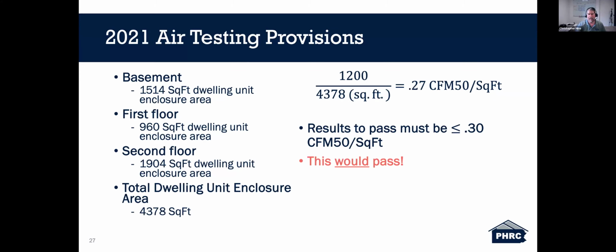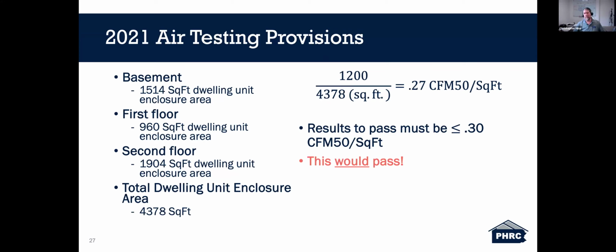You plug that into our calculation. Here we have 1,200 CFM. Again, we're looking at negative 50 pascals, and we're getting 1,200 CFM through that fan. We have a total square footage of enclosure area of 4,078. That gives us 0.27 CFM 50 per square foot. This passes in 2021.